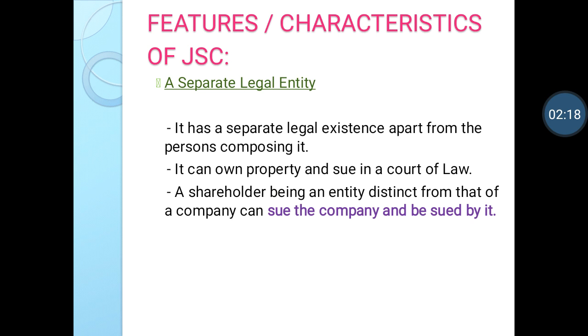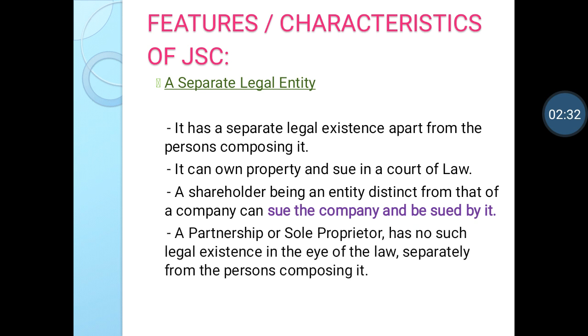A shareholder, being an entity distinct from the company, can sue the company and be sued by it. So the company can sue in its own name and can also be sued by others. A partnership or a sole proprietor has no such legal existence in the eye of the law separately from the persons composing it.